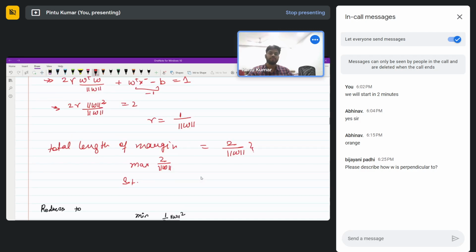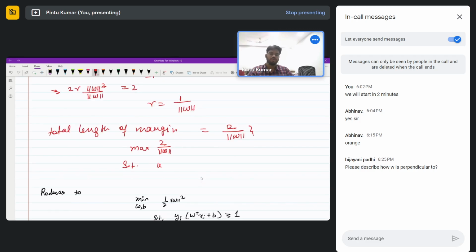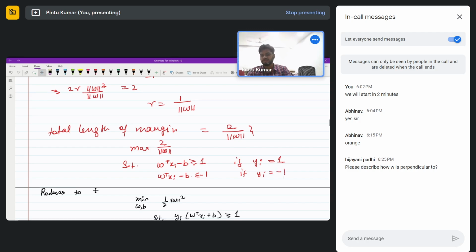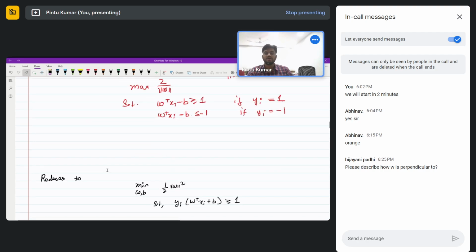So W transpose X minus B should be greater than or equal to 1 if my Yi is 1, and W transpose Xi minus B should be less than or equal to minus 1 if my Yi is equal to minus 1. Maximizing 1 upon norm W is the same as minimizing the reciprocal of it.